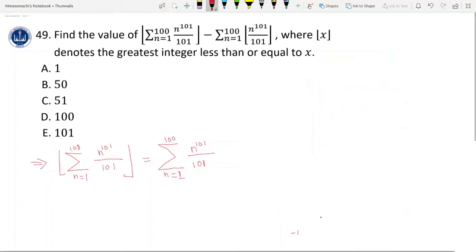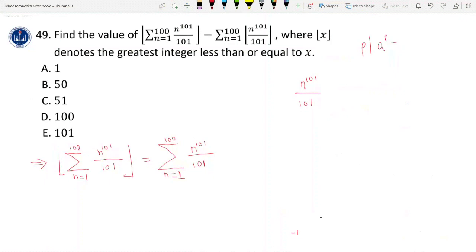So now let's look at this fraction, n to the power 101 all over 101. Now from Fermat's little theorem, what do we know? We know that for any prime p and an integer a relatively prime to the prime p, p divides a to the power p minus a.